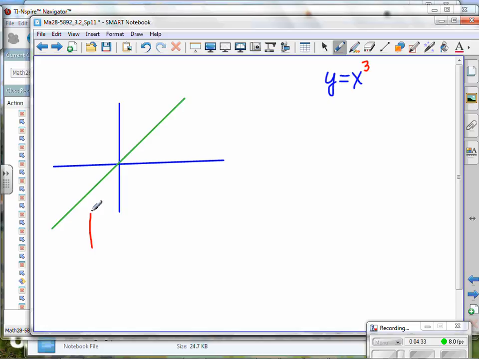So it would look something maybe like this. Now that's going to be consistent for all of the polynomial functions that have an odd degree. If it were an even degree, it would enter and leave through what we call adjacent quadrants, whether that's 2 and 1 or 3 and 4. Now this one I said enters through 3 and leaves through 1. These are called opposite quadrants.